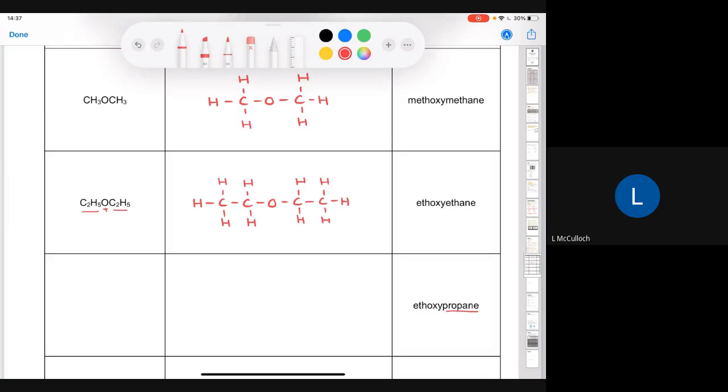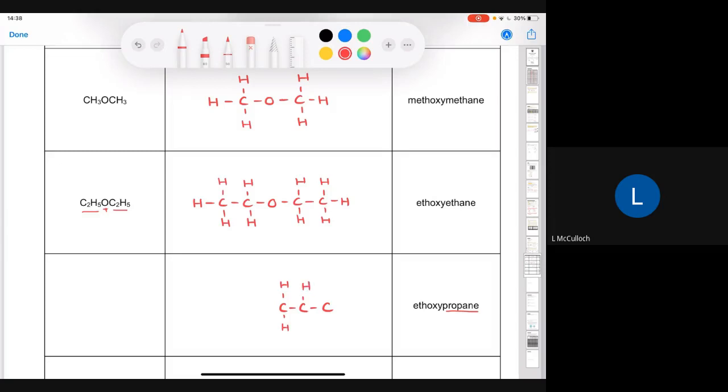So you can have your longest chain on the left and then your alkoxy part on the right, or vice versa. It really doesn't matter. So I'm just going to draw this one so that it matches the name, but the structures don't always match the name in terms of you're not always going to have your alkoxy and then your longest chain. So I'm starting with my propane chain.